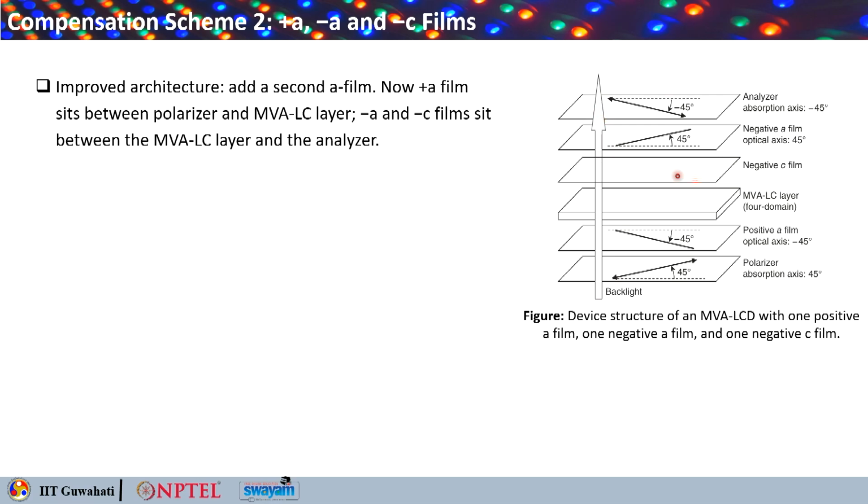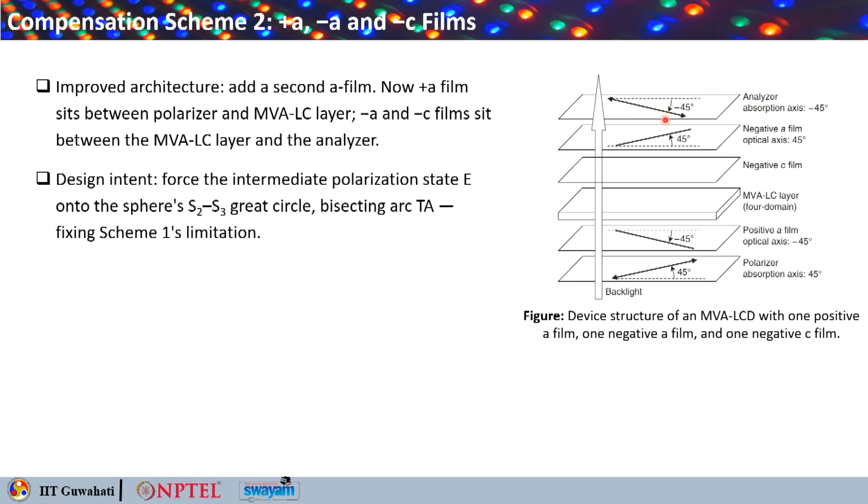Then you have a negative A film and a negative C film between the liquid crystal layer and the analyzer. Now what is the intent of this design? You want to force the intermediate polarization states E onto the sphere's S2 S3 great circle that will be bisecting the arc. So that will try to fix the problem of scheme 1.